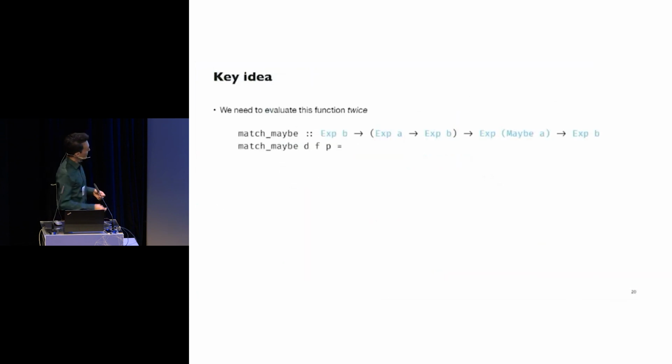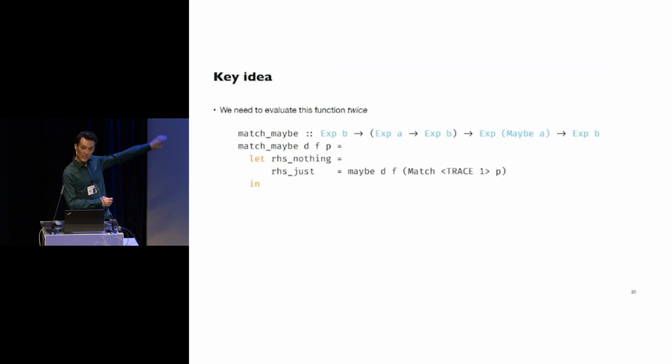All right. So if we go back to the implementation of this maybe function, if I'm going to implement this manually, basically I need to evaluate this function twice, get the right-hand side out for the Nothing case, and the right-hand side out for the Just case. So you call this maybe function, but now I've wrapped this argument P in this special thing that says I'm interested in peeking under the Just case.